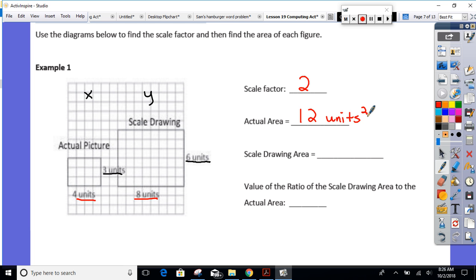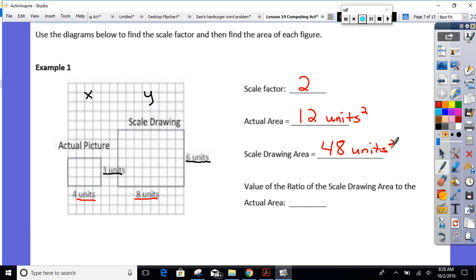Yeah, if we do length times width, that gives us the area, because we have 8 rows with 6 squares in each row. My squares look like rectangles, but 8 rows of 6 squares is 8 times 6, which is 48 square units.